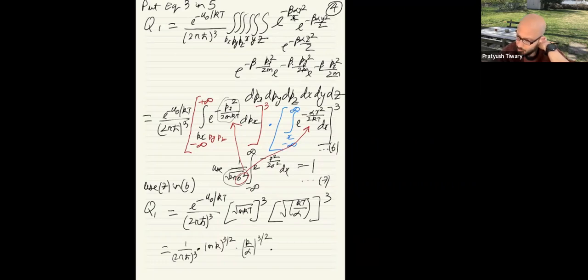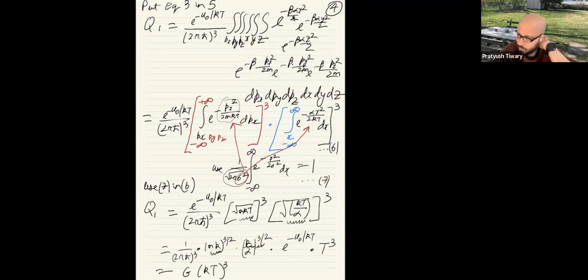And what do we have for temperature? We have e to the power minus u naught by kt multiplied by t to the power 3 by 2 coming from this one and t to the power 3 by 2 coming from this one. So we are left with t cube. And I will call all of this some constant G multiplied by KT to the power cube. You can see here, this is K to the power 3/2.